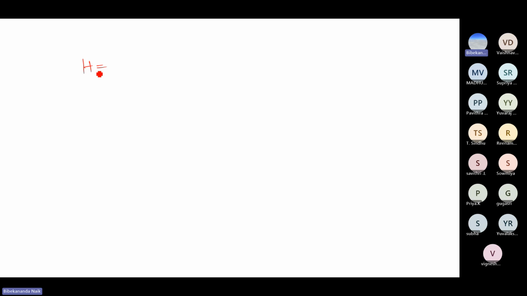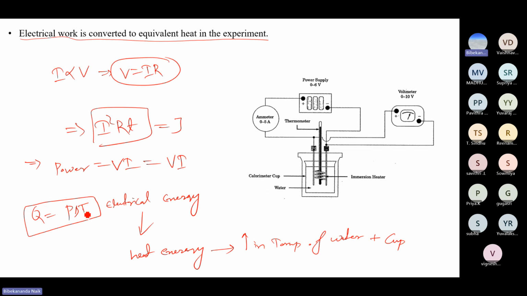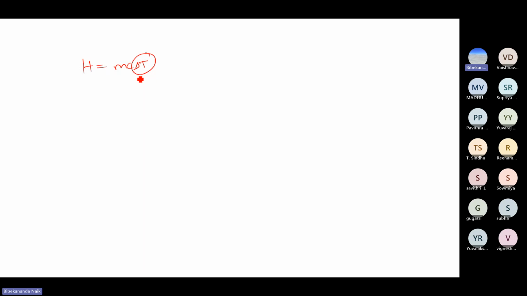We know the heat absorbed or heat radiated is written in terms of the mathematical formula MC delta T. So we can write here MC, and delta T is the change in temperature. Here, I think I should make it small t, because here it is time, whereas capital T means temperature. So there is water and there is this calorimeter. So we can say that it will be M_w C_w delta T plus M_calorimeter C_calorimeter delta T.